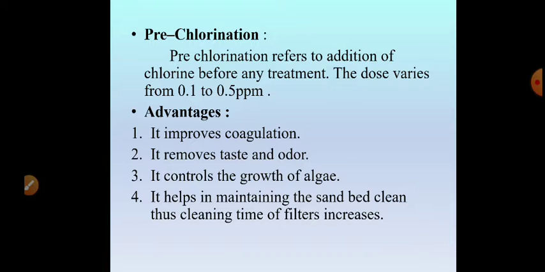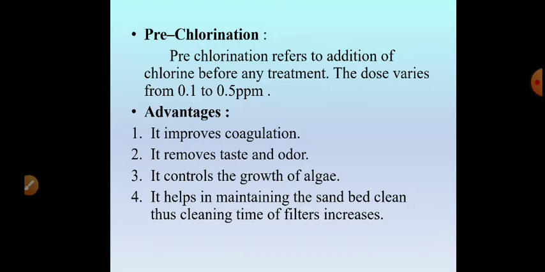The dose of chlorine varies from 0.1 to 0.5 ppm. What are the advantages of pre-chlorination? It improves coagulation. It removes taste and odor present in water. It controls the growth of algae. It helps in maintaining the sand bed clean.